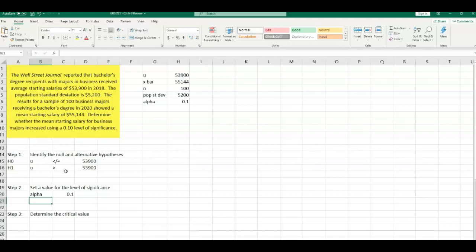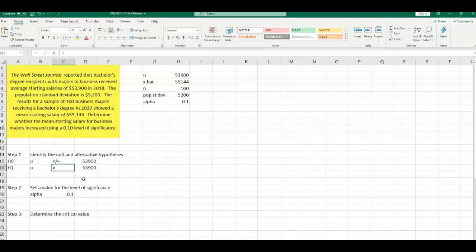Now, if you have just a one-tailed test, the next step is figuring out if it's a right tail or a left tail. The easiest way to do that is by taking a look at the sign in your alternative hypothesis. That arrow is pointing to the right, so it's a right-tailed test.